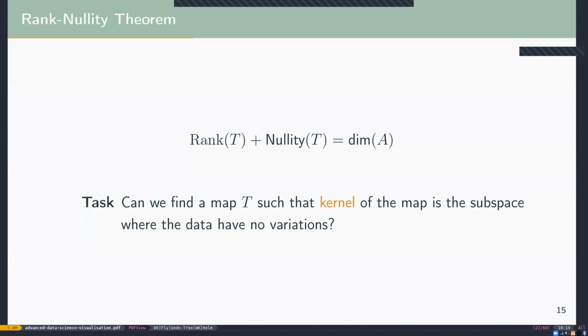Let's say that we have the Swiss roll, right? So it only varies along this thing. Now I want to apply a transformation to that, so that when I've applied the transformation, it looks like this, right? Now that means all the holes between the Swiss roll is now part of the null space. It's the things I mapped away, right? Cool?